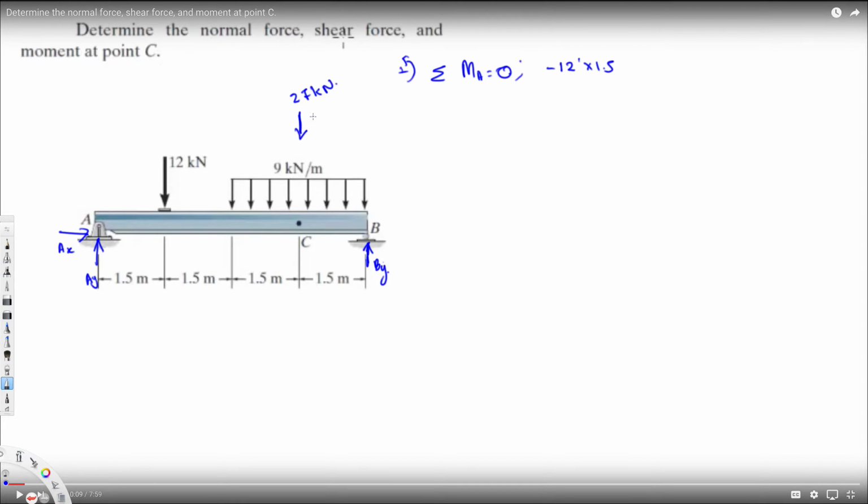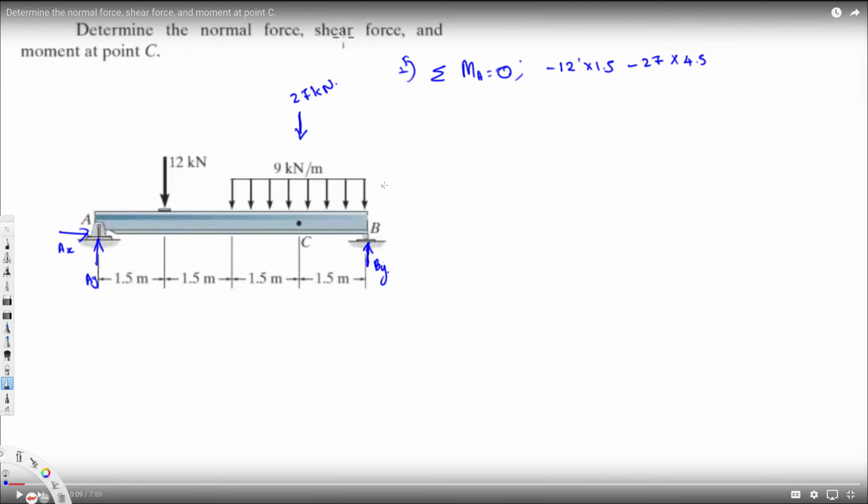It's acting clockwise, therefore it's negative 27 times 4.5 from A, since exactly in the middle is 1.5, 3, 4.5.